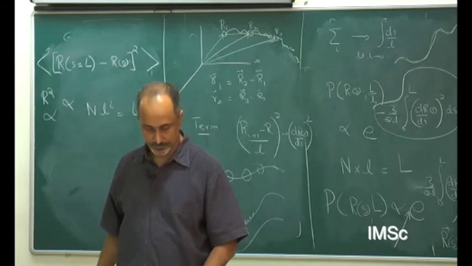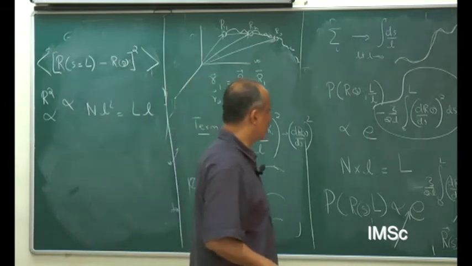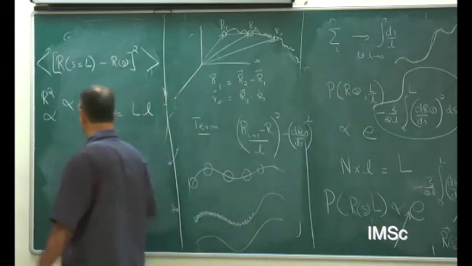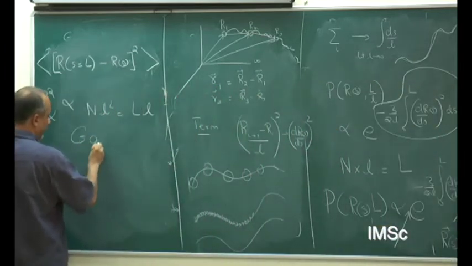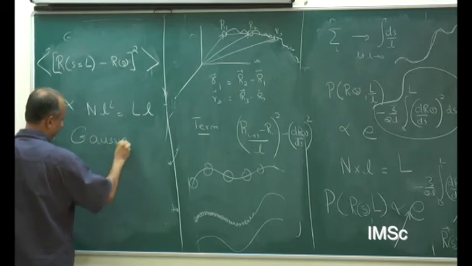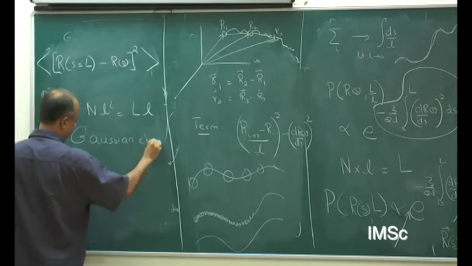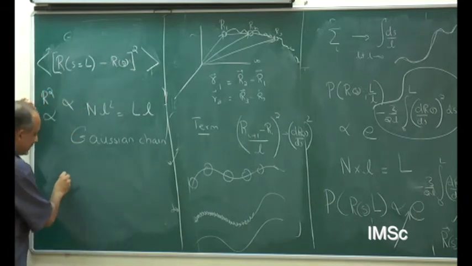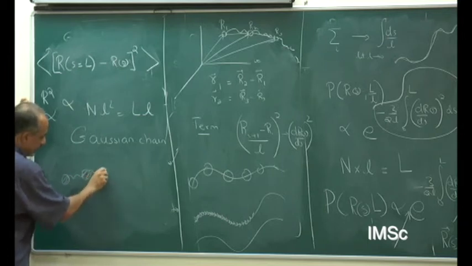Okay? So this approach to polymers is called the Gaussian chain. And many numerical approaches to simulating polymers start with ideas like this, that you have some beads here, and you connect them by springs.